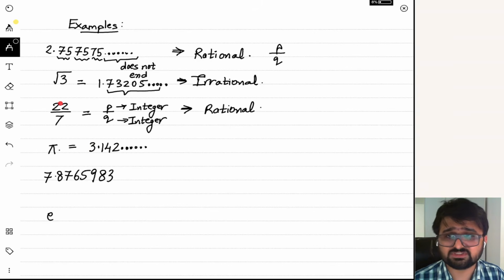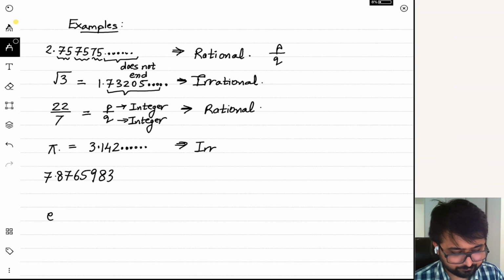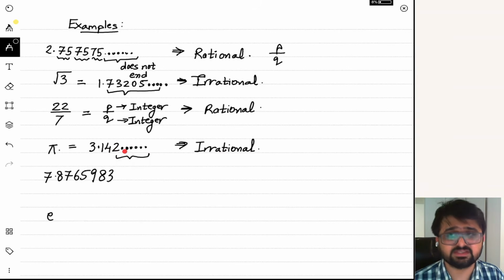So 22 upon 7 is just the approximate value of pi. Pi in itself is an irrational number, because there is a non-terminating decimal and there is no specific pattern that I see. Okay, so pi is an irrational number.